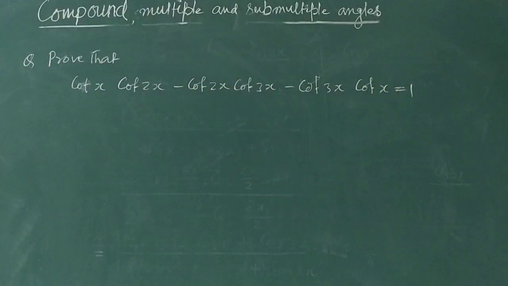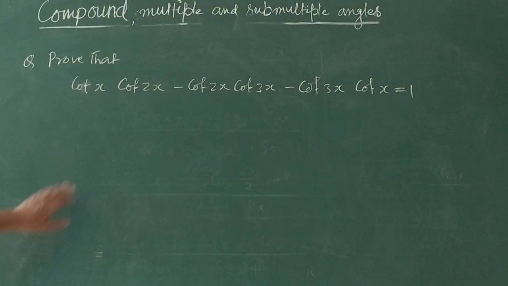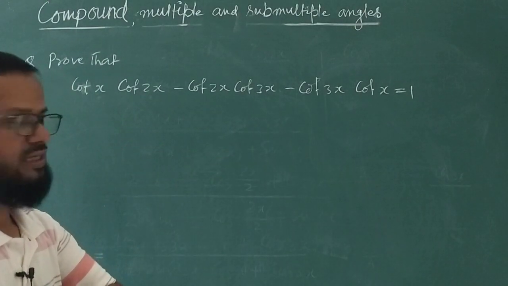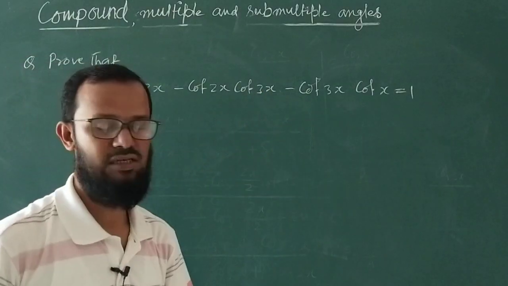This is the question you are going to prove it. You see x plus 2x is equal to what? 3x. So इसमें x है, twice x angle is there and 3x angle is there.